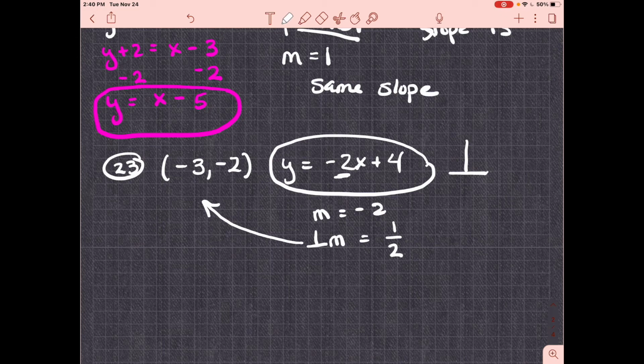Reciprocal, flip it over. Negative 2 is the same as negative 2 over 1, so I can flip that over. Opposite, reciprocal. Then I'm just back to writing an equation. y minus negative 2 equals slope times x minus a negative 3.